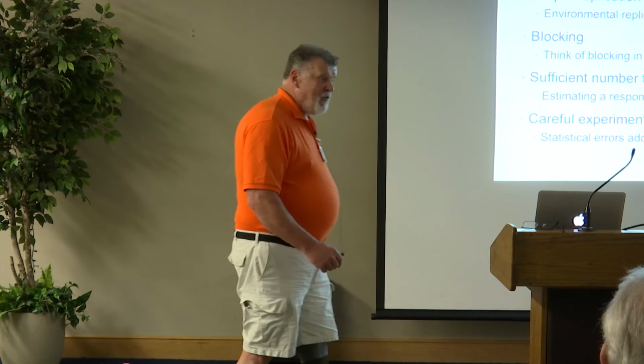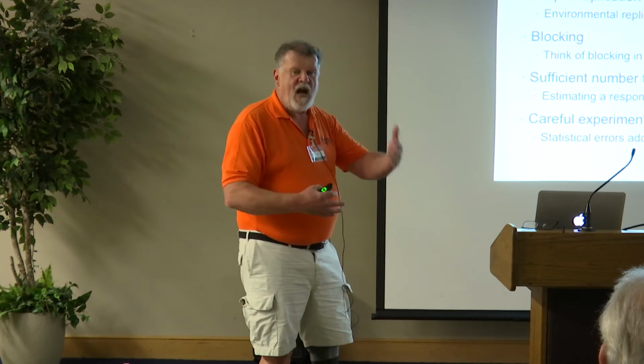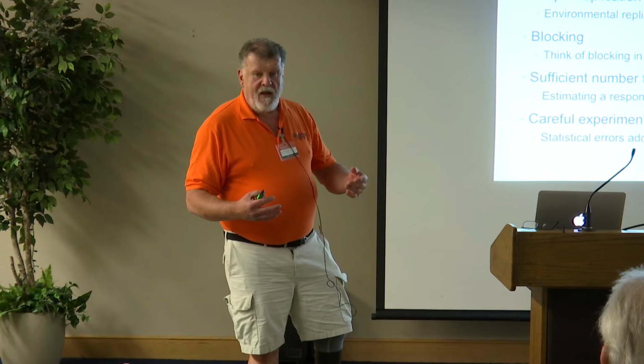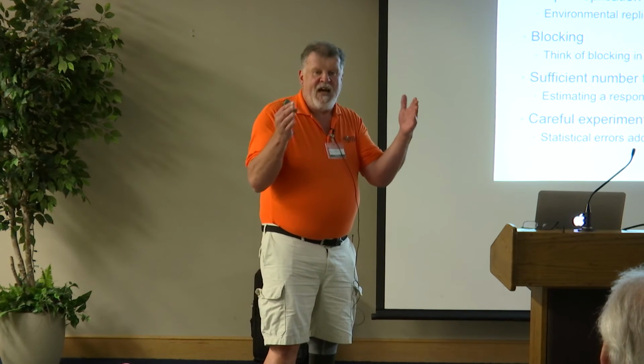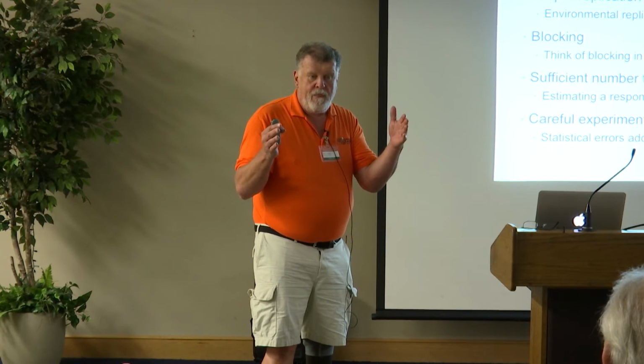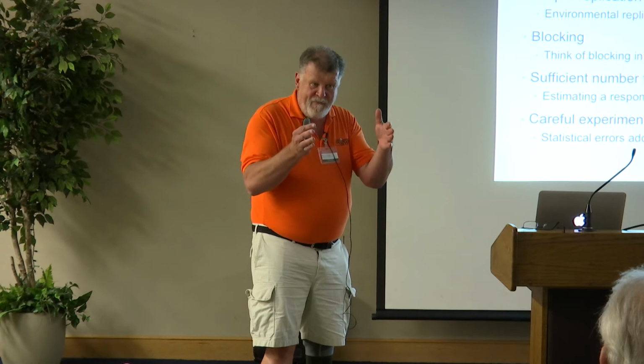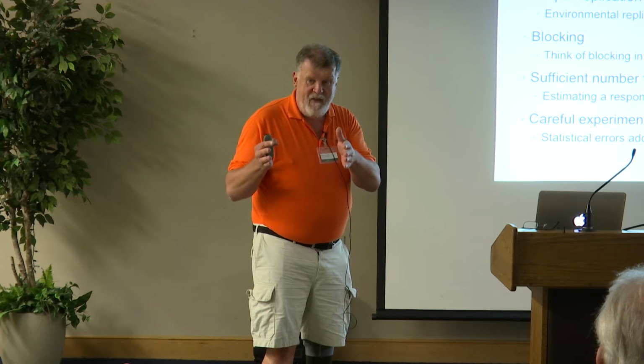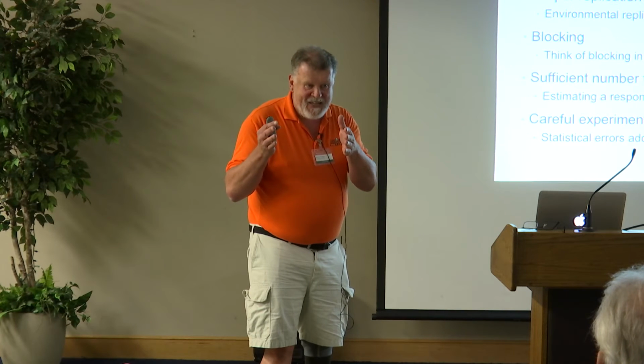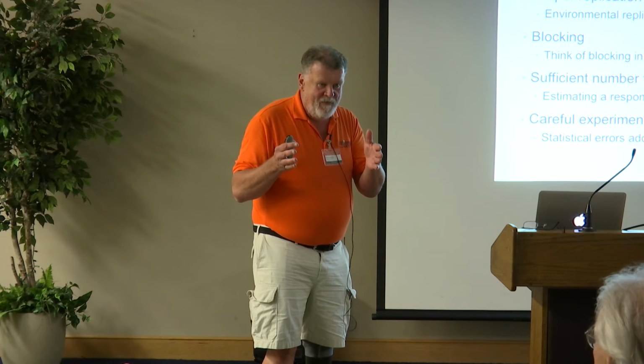Or if there's post-harvest processing, and the processing is possibly done by different people, do they have the same care? Are they even weighing samples? Do they in fact have the same care?